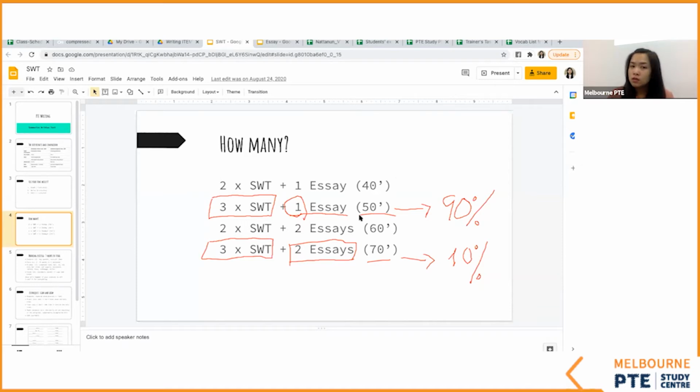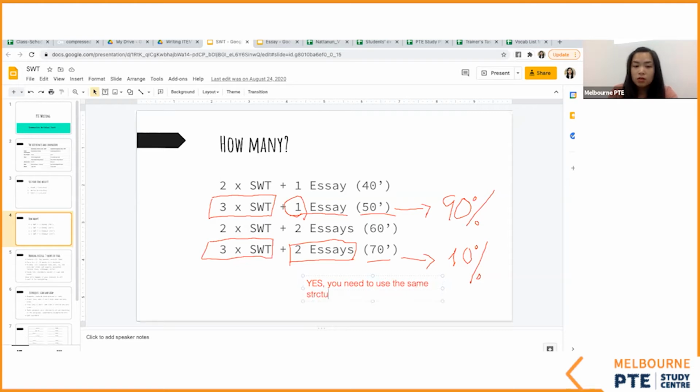So a student asked me this question. Can I use the same structure for 2 essays if I have 2 essays in my exam? Yes, you can, okay? The question is, can I use the same structure for the 2 essays in my exam? Yes, okay? You need to use the same structure.